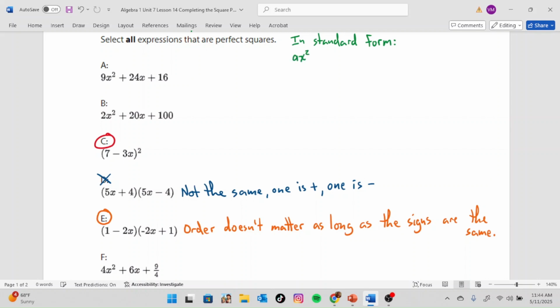Ax squared must be a perfect square. You must be able to create ax squared by multiplying something by itself. Your c term must also be a perfect square.